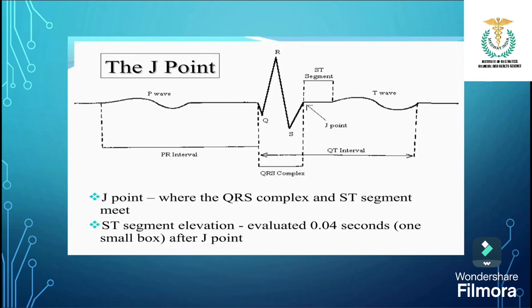Now again the J point. So what is the J point? We have already discussed. The J point is seen where the QRS complex and ST segment meet. ST segment elevation is evaluated at 0.04 seconds.